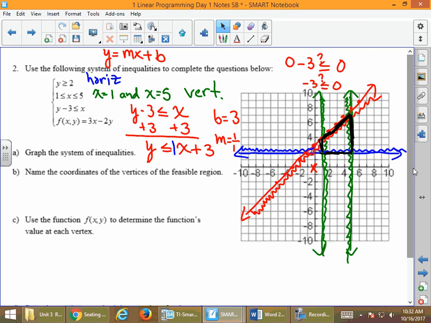And I will shade it. Because once we can identify that, then we can come up with the vertices, and we can identify then the maximum and the minimum values.